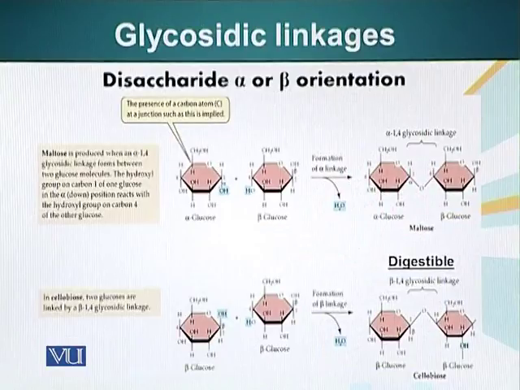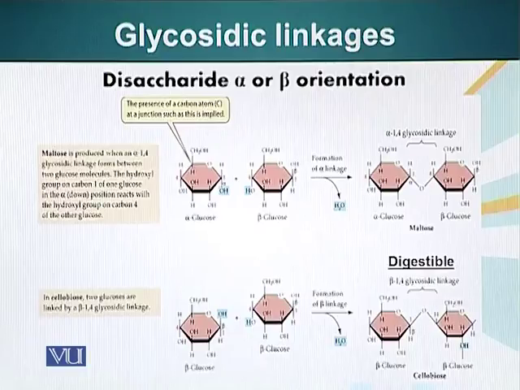Here on our screen, in the upper portion of the slide, we have an alpha glucose molecule and a beta glucose molecule. I'll point this out. This is the alpha glucose molecule and next to it is a beta glucose molecule. We have already looked at the structure of alpha and beta, how they are different. In alpha glucose, we said the hydroxyl group is pointing downwards.